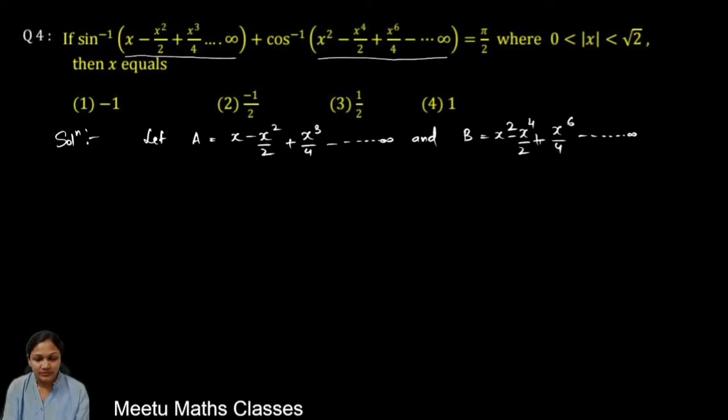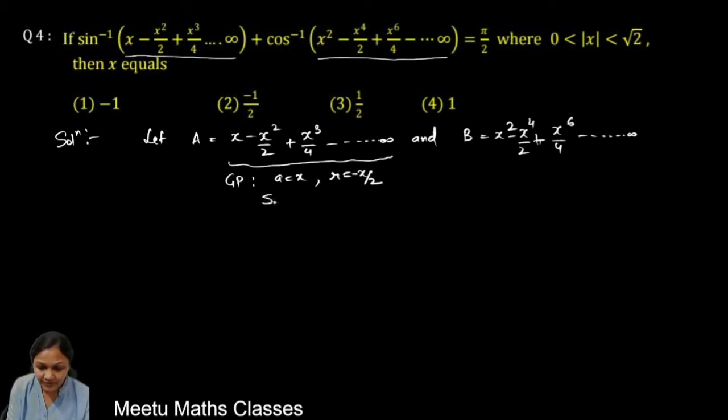Now if you observe, a is a GP with first term x and common ratio minus x by 2. The sum of infinite terms of a GP is a upon 1 minus r, and that is x upon 1 plus x by 2, which gives 2x upon 2 plus x.